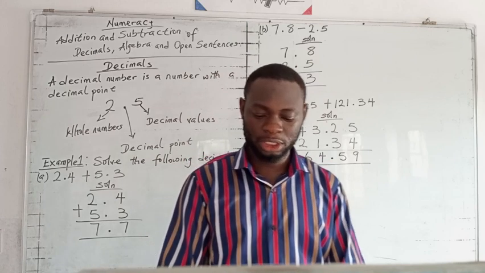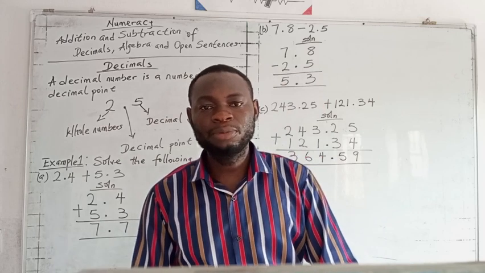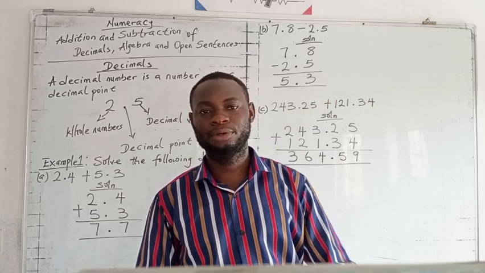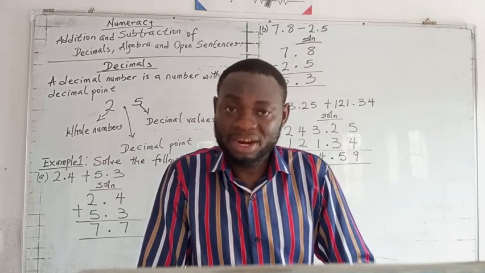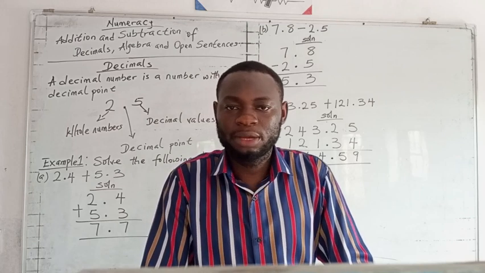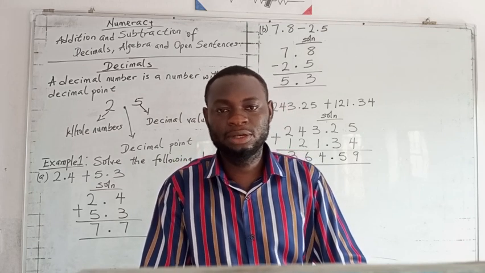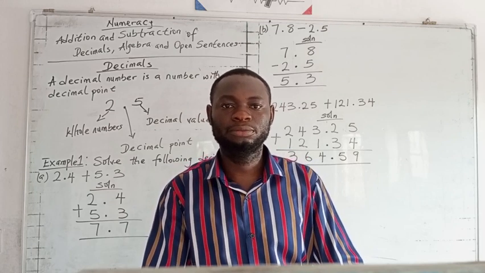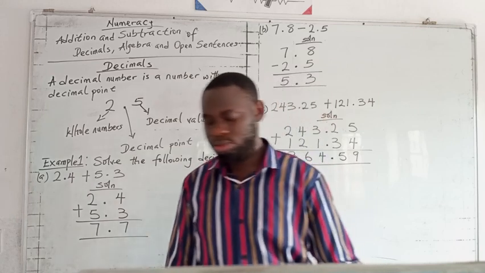A variable is a quantity with changing values. Example, all the English alphabet are variables. Age is a variable. Height is a variable. Weight is also a variable. Time is a variable. Alright?